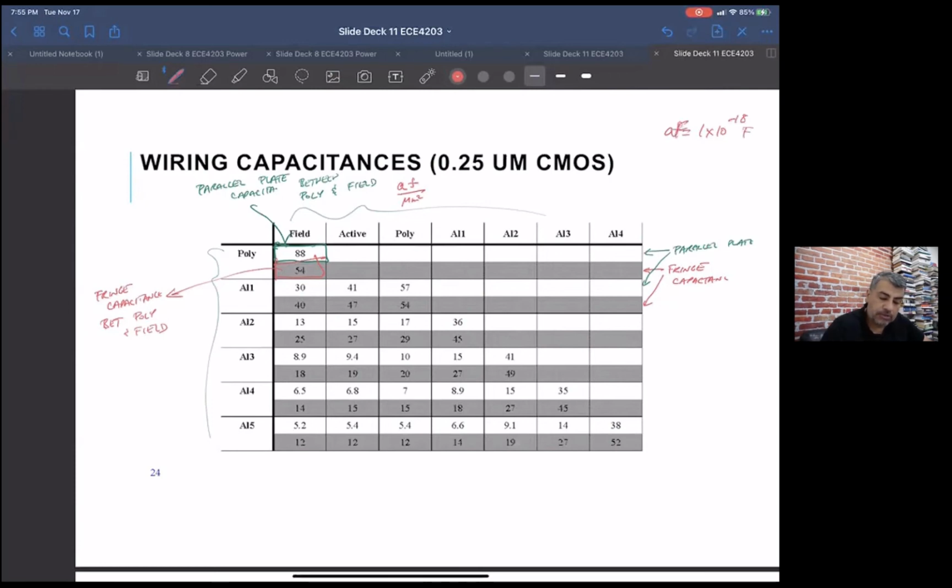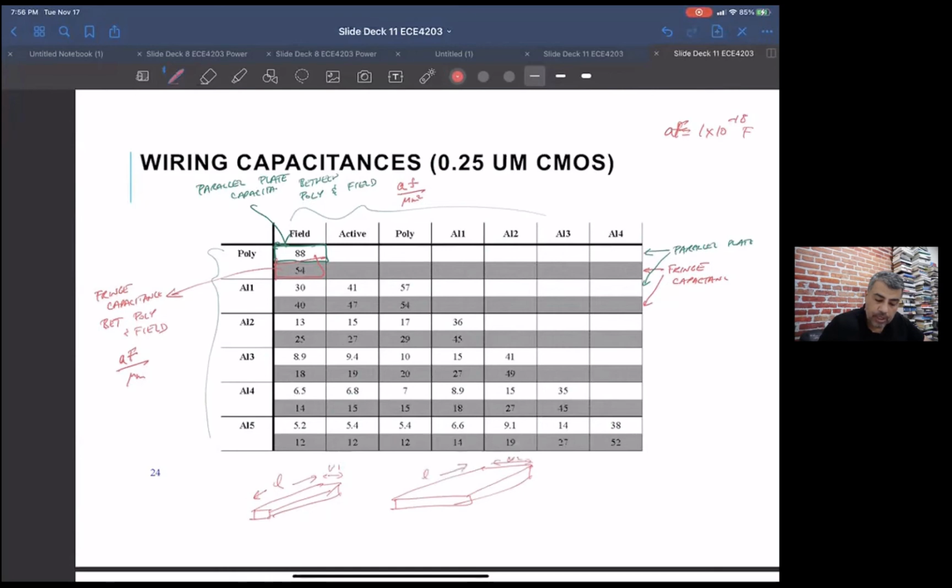Okay, so it's given in terms of attofarads per micron squared, and the fringe field is given in terms of attofarads per micron. The reason for that is if you had a really narrow line, let's say we compare a narrow line with a wide line. They're both L long, and this is W1, this is W2.